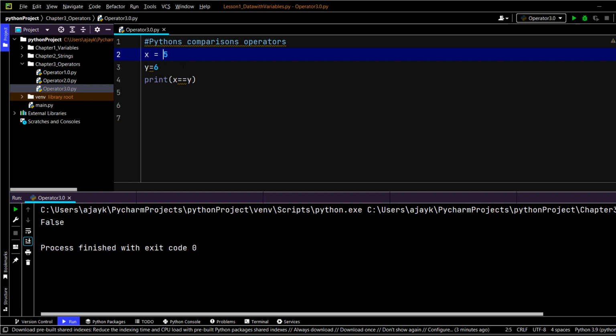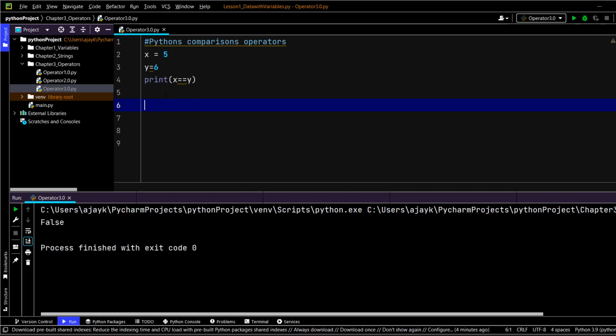You have been seeing this single equals to from the very beginning of this series, isn't it? I like to clarify this here before the doubt comes in your mind when you practice. Double equals to is for comparing things, comparing variables. For example, if I say is 4 equals to 4, then you write 4 double equals to 4. I hope this is clear.